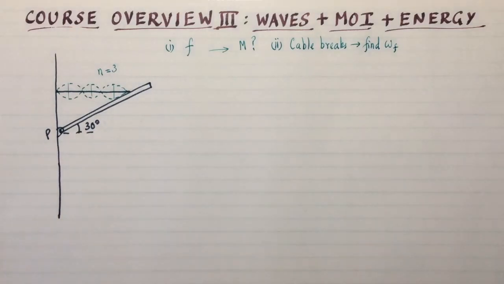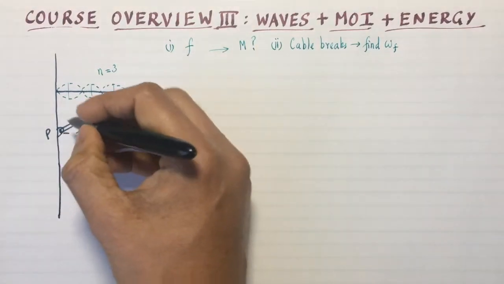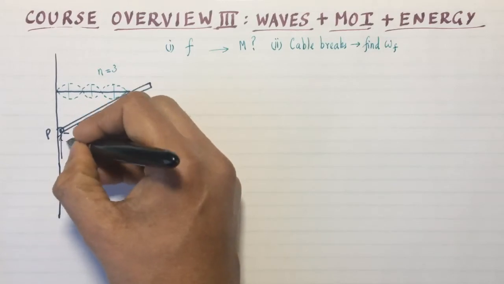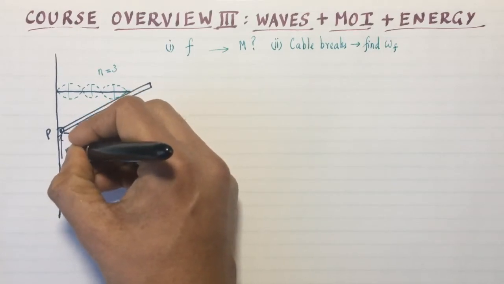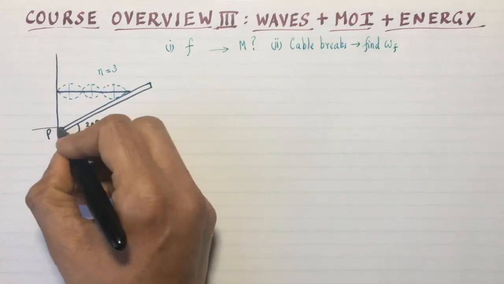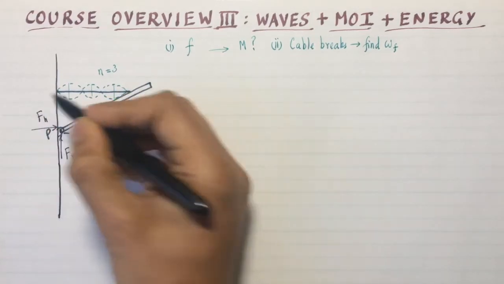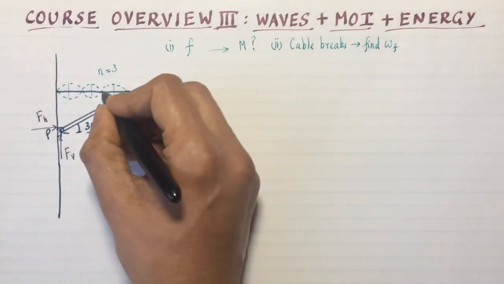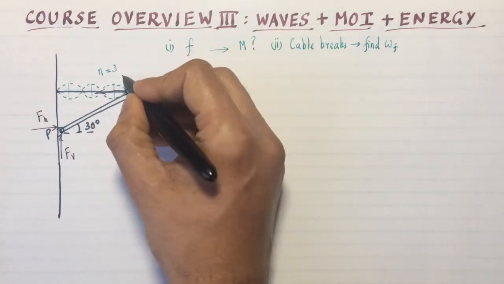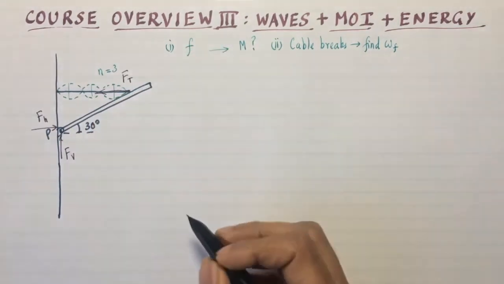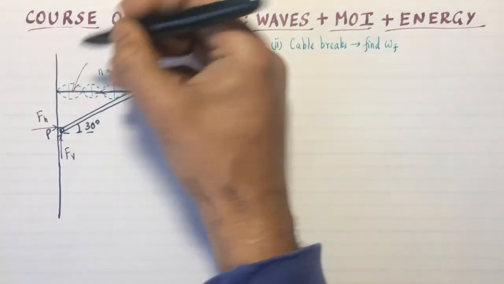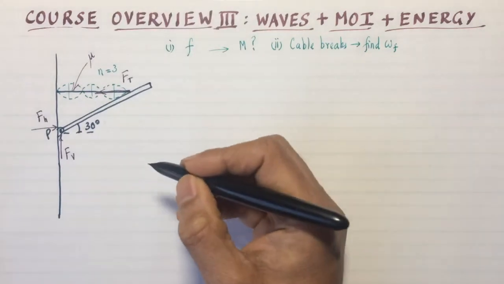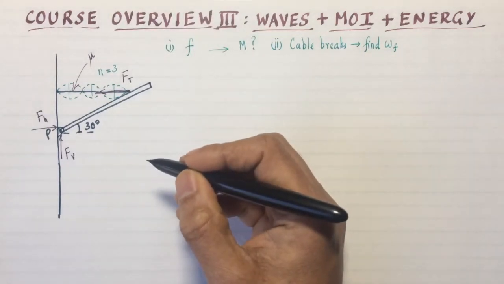Let's start by drawing a free body diagram for this flagpole. There's going to be some horizontal and vertical components of the hinge force. I'm not too interested in them, so I'll take my pivot to be the point of torque. There's going to be the tension of the cable, F sub T. Let's assume that you are given the mass per unit length of the cable, which we call mu.